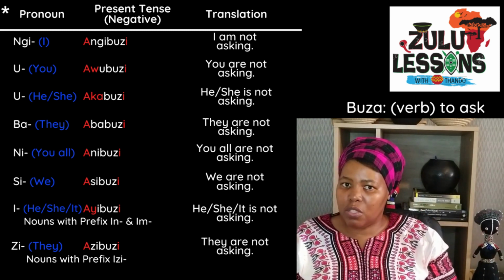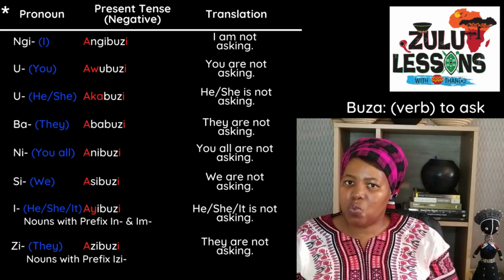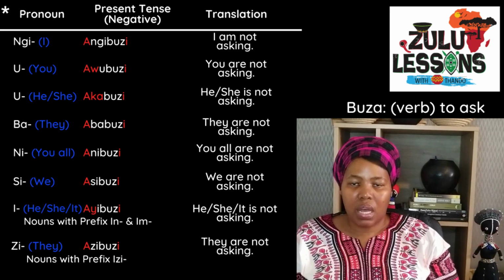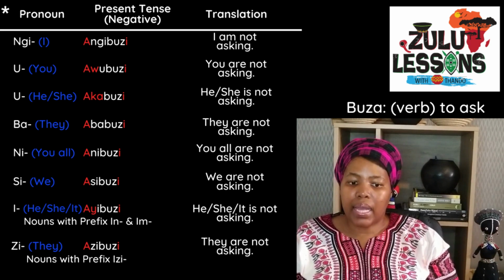And this consonant is going to be Y because we have an I there. When we have a U, we put in a W. When we have an I, we put in a Y. So ingane ayibuzi. Indoda ayibuzi. Inkosi ayibuzi. Inkosikazi ayibuzi. Do you see?